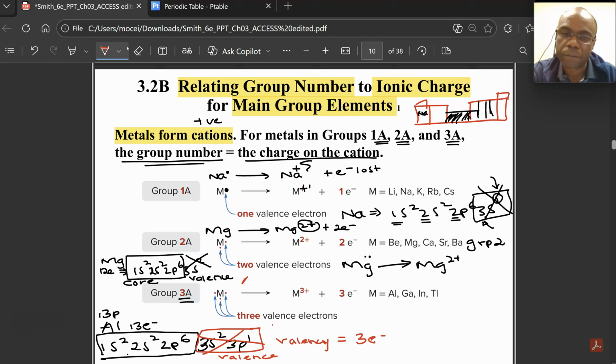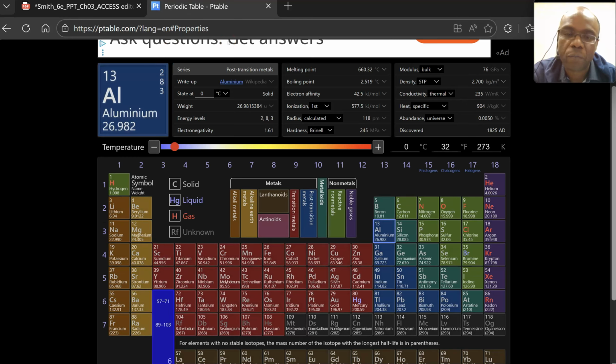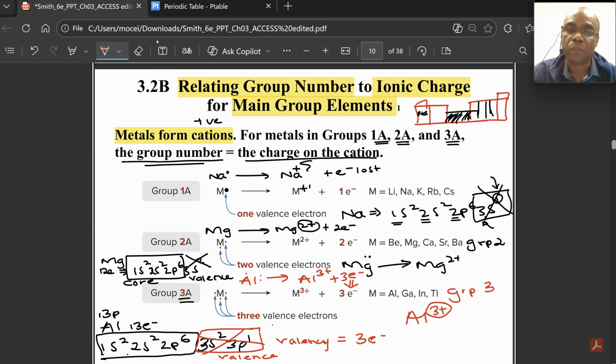So aluminum with 3 dots would rather give Al3+, as it loses the 3 electrons, as shown in the general reaction here for group 3 elements. You'll see aluminum right here, in group 13, the third of the main group columns, skipping the transition metals, so main group 3A. So it's true, the group number will usually match the charge on the cation for groups 1A, 2A, and 3A.